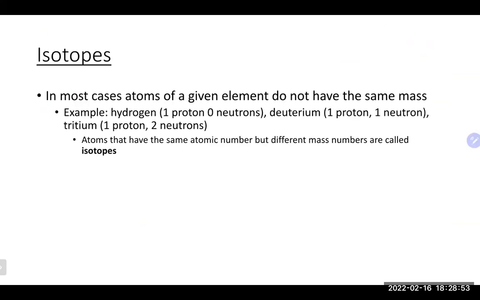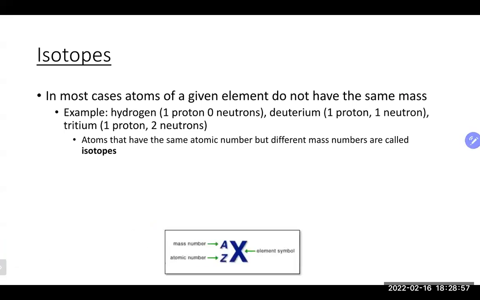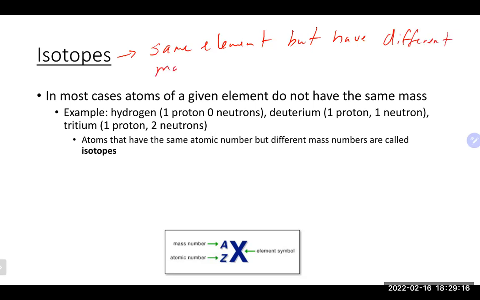All right. In most cases, isotopes are really the same element, but they have different masses. And this is one of those things in Dalton's atomic theory which was not correct.